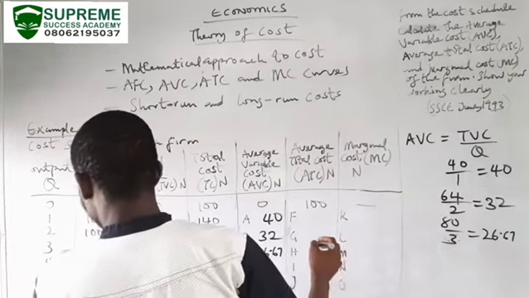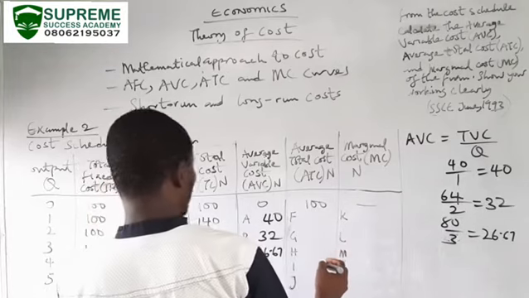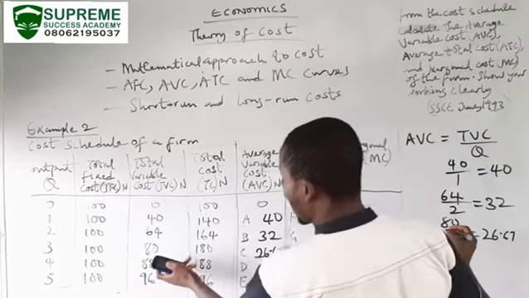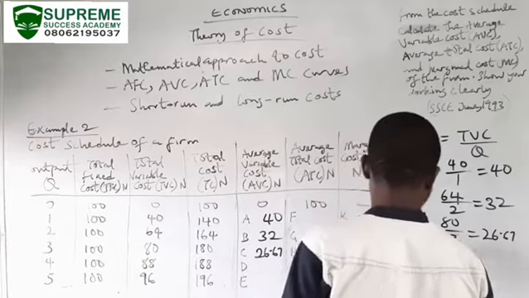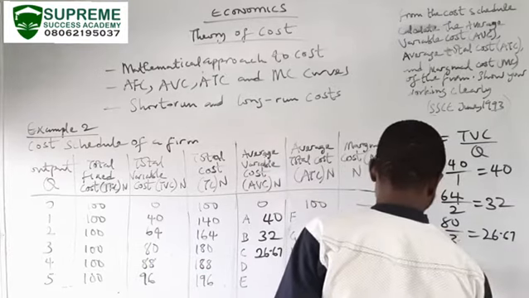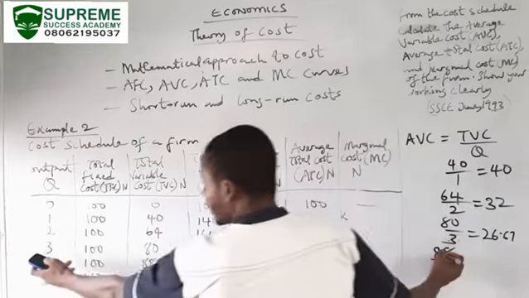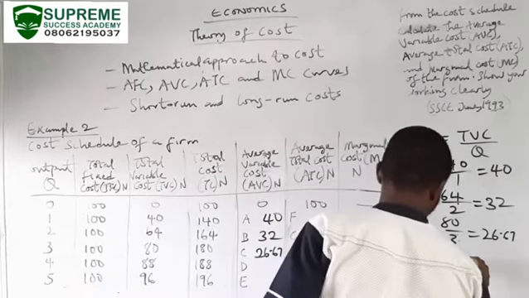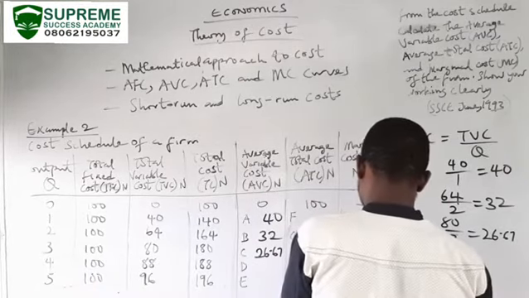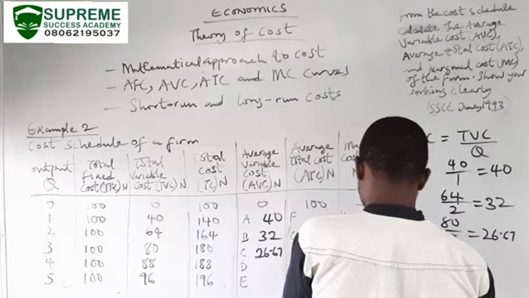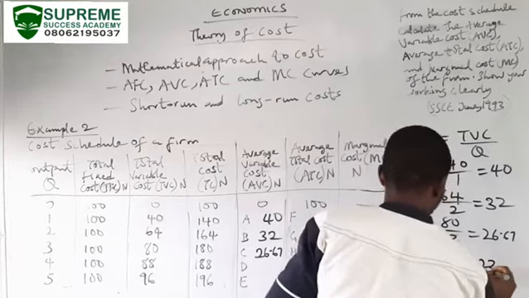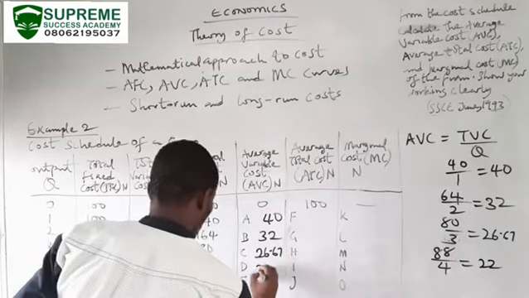The next one is output 4. The total variable cost is 88. 88 divided by the output, which is 4, gives us 22.